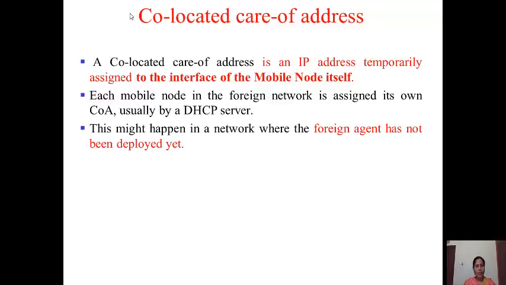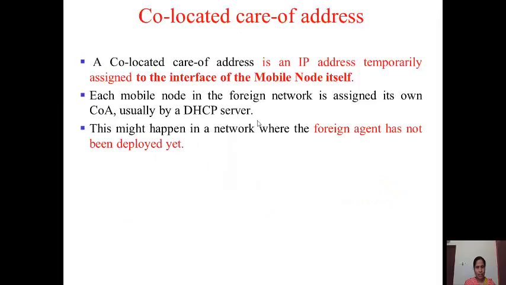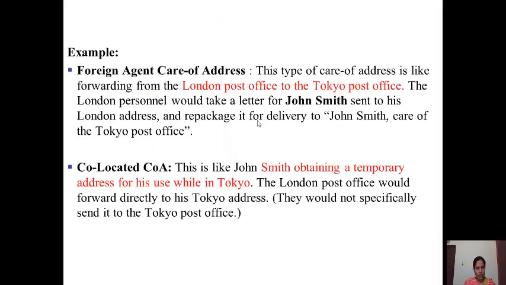Each mobile node in the foreign network is assigned its own care of address, and as I said, it's going to be done with the help of your DHCP server, right? So we now understand what a foreign agent based care of address is and what a co-located care of address is. To understand more, let us take a simple example, right?